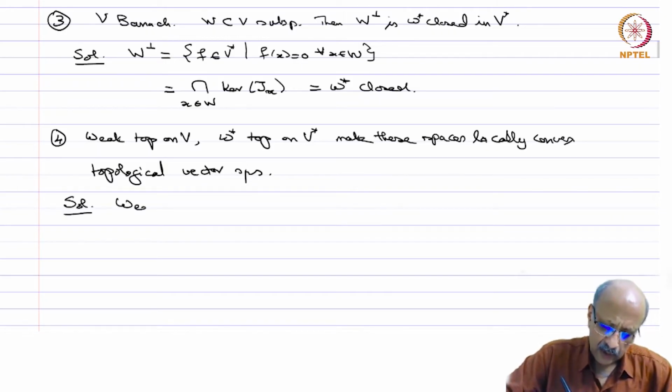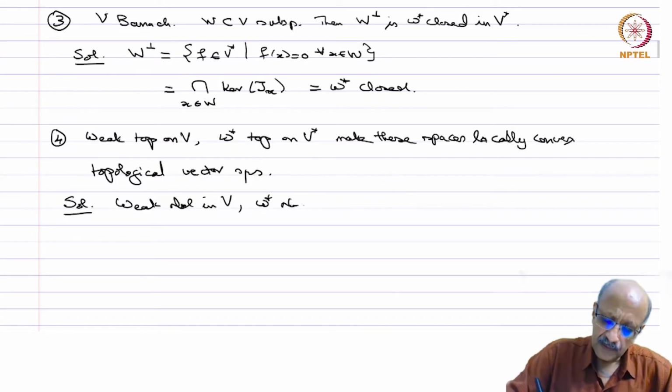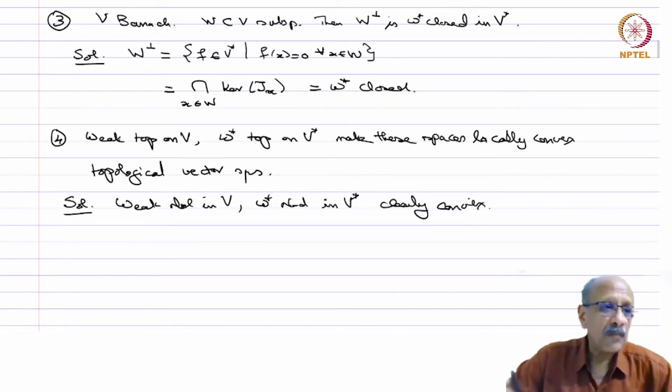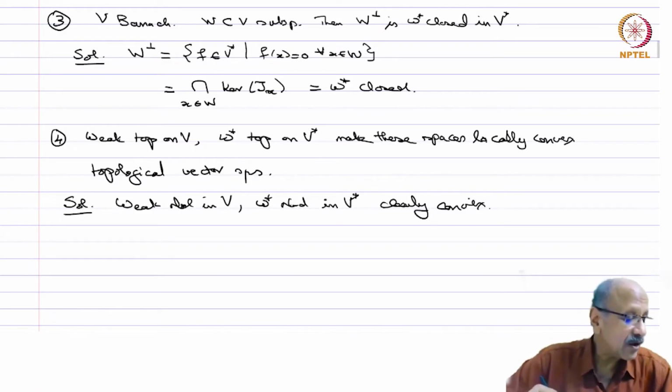So a weak neighborhood in V and a weak star neighborhood in V star are clearly convex. So every point has a convex neighborhood. If you just see the definition, you can check that they are clearly convex sets.